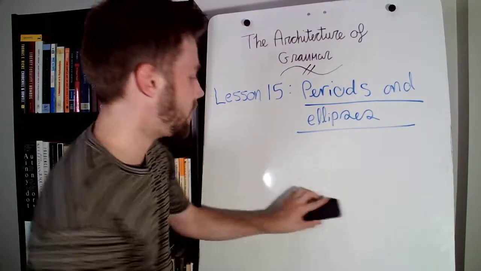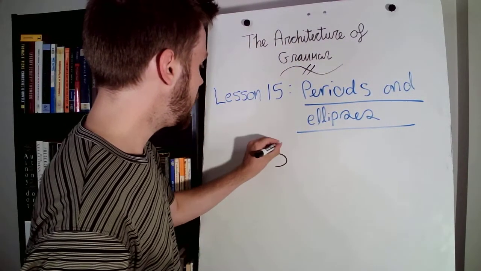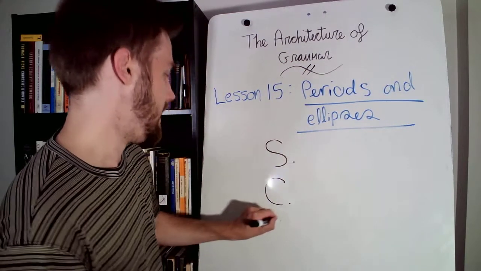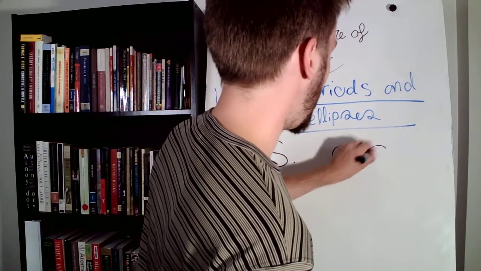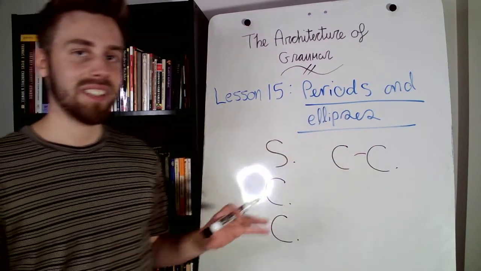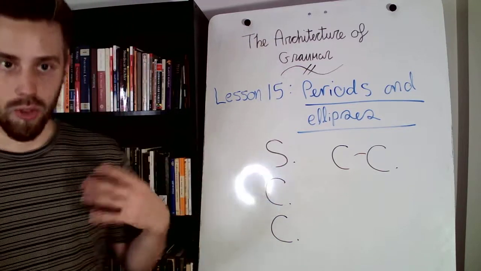Now, it does not matter whether we're talking about a simple sentence, a complex sentence, a compound sentence, or a compound complex sentence. It does not matter which one of these, as long as it is a declarative sentence, we are going to be using the period.